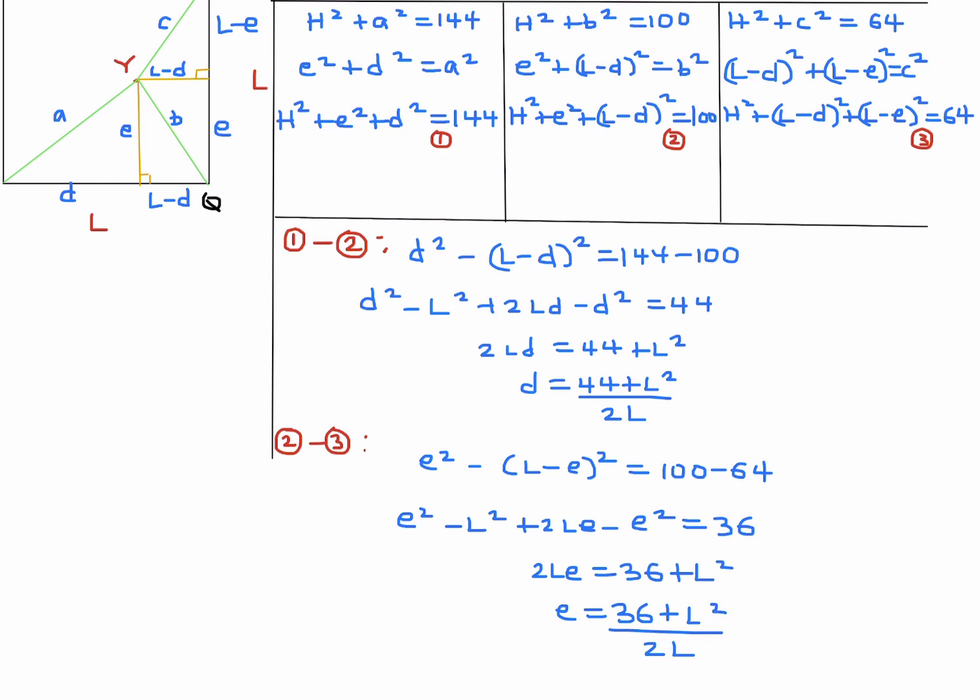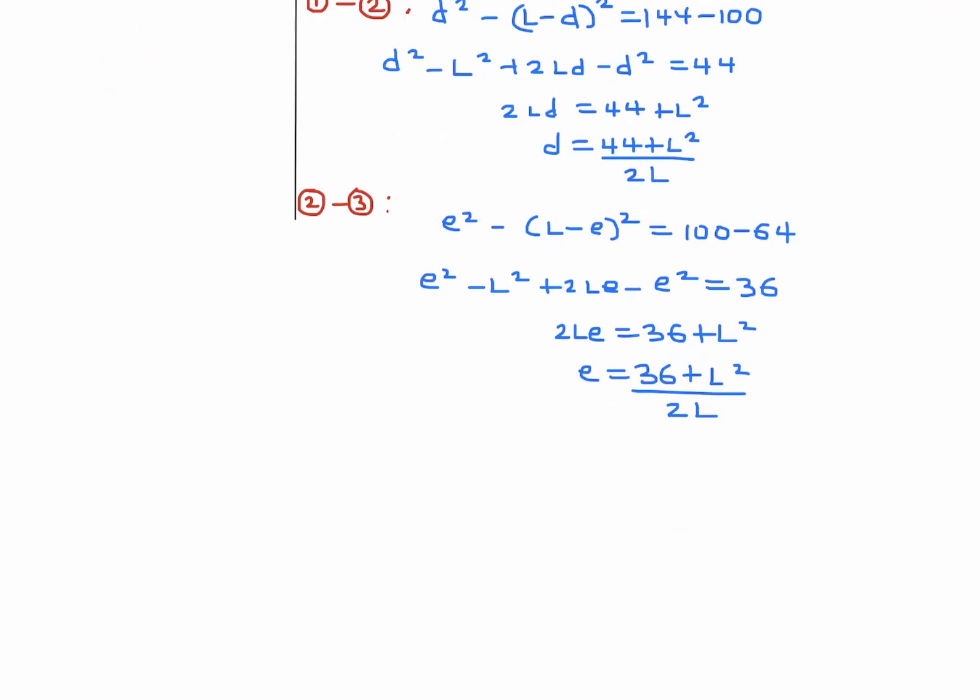Now at this point, we've got something for D, we've got something for E. And that's helpful because we have an equation that has E and D in it. And that equation is right here. Equation 1. So let's substitute the values for D and E into equation 1. So let's give ourselves plenty of space for that. So let's remind ourselves what was equation 1.